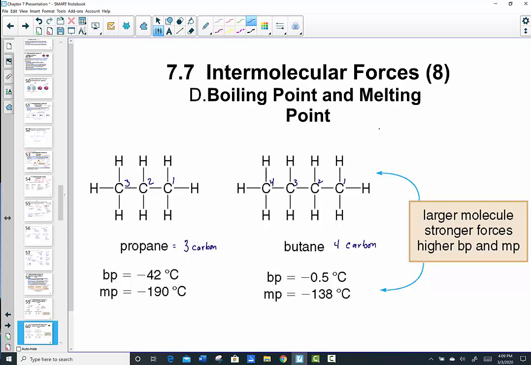So again, both are non-polar molecules, so they both exhibit dispersion forces only, but heavier molecules require more energy to get them to boil. So the longer the carbon chain, the heavier the molecule, the stronger the dispersion forces. You're going to need more energy to cause those molecules to separate and start to boil away.